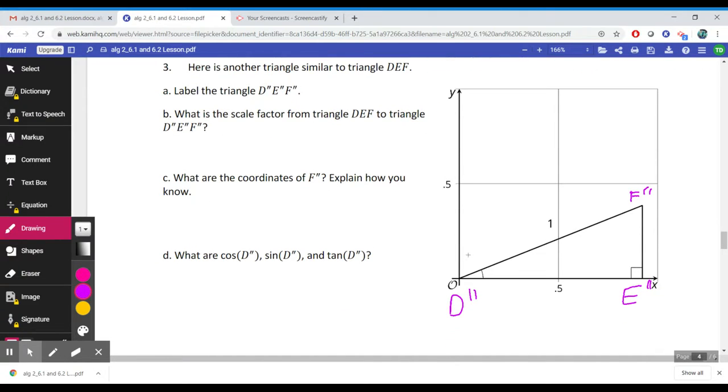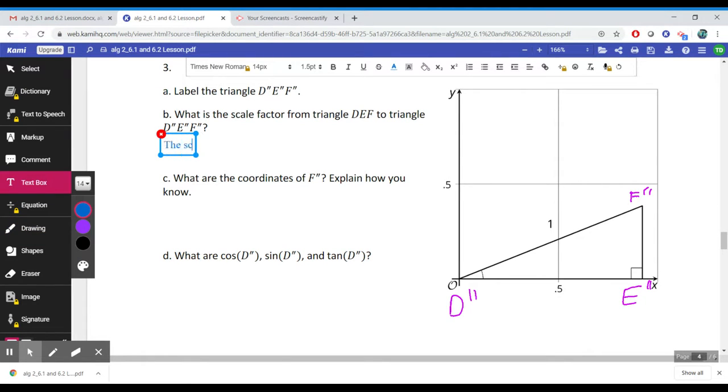So that means this hypotenuse is 1/13 the length of our original triangle's hypotenuse. So because this side has exactly 1/13 the length of the corresponding side, the scale factor is 1/13.